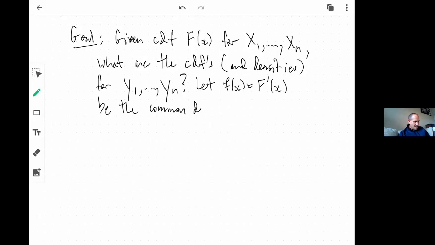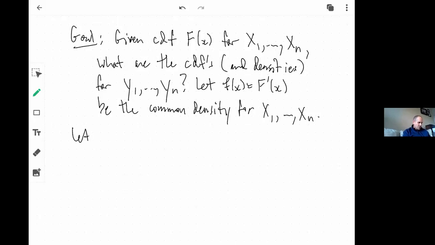So this is the common density for x1 all the way through xn. Our overall goal is to figure out what the CDF of these things is.